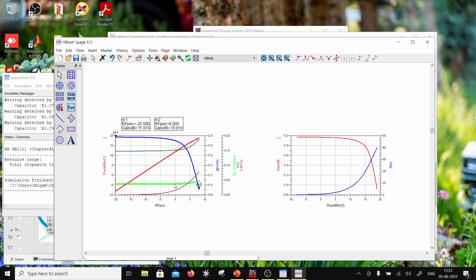It cannot go more than that for a FET. So even if you increase the size of a FET transistor, that will not work if you keep the current density fixed. If you keep the currents fixed, you have to keep the current density fixed, or you have to bias it up. Then only you can get power out of a FET.